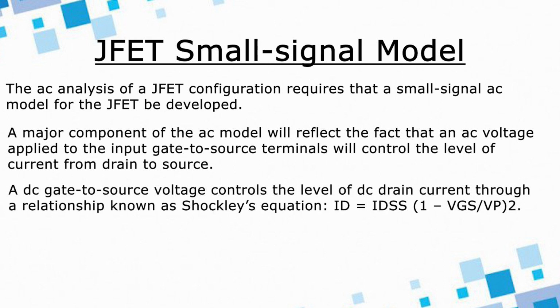A DC gate to source voltage controls the level of DC drain current through a relationship known as Shockley's equation, that is ID equals IDSS times (1 minus VGS upon VP) whole square. So, this is known as Shockley's equation and it gives the relationship by which the gate to source voltage controls the level of DC drain current.